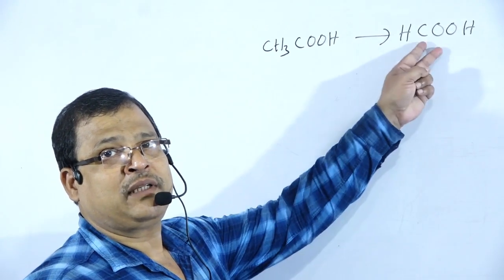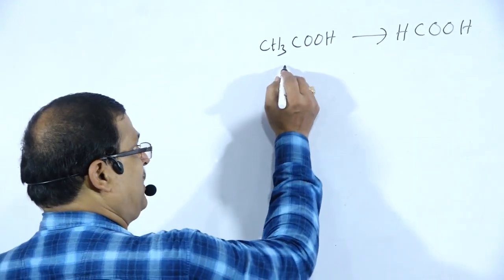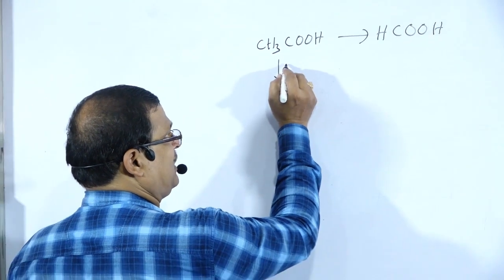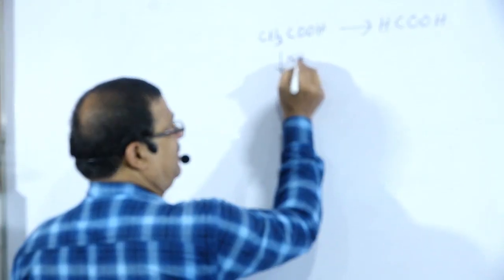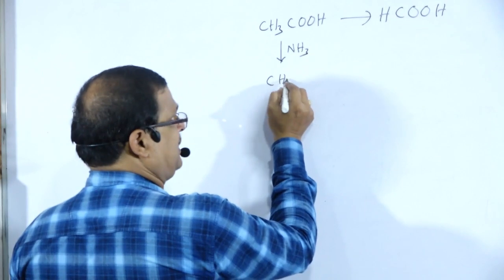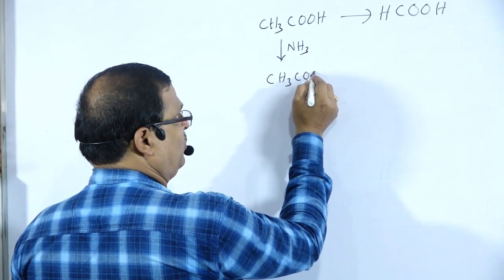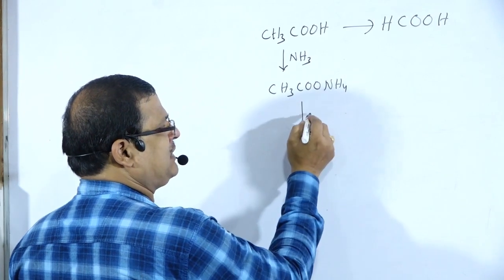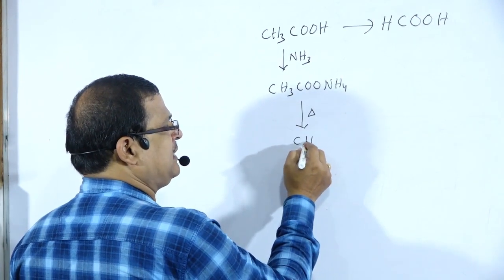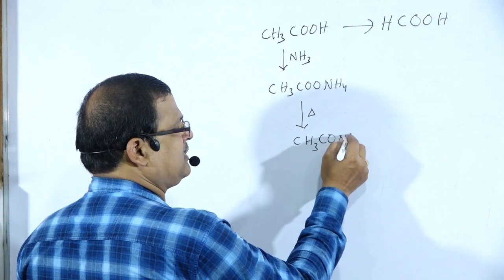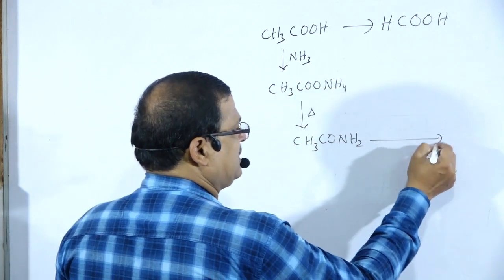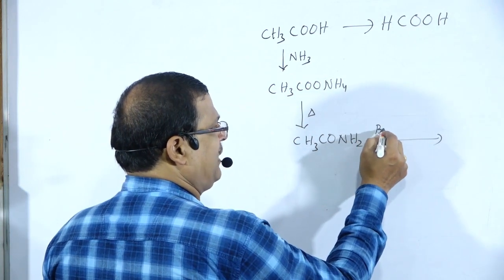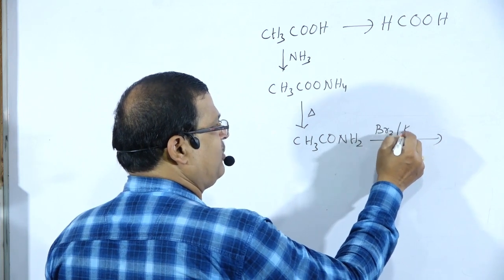This compound is treated with ammonia to form CH3COONH4. This ammonium acetate is heated to form acetamide CH3CONH2. That is followed by a specific reaction, Hofmann's bromamide reaction, with Br2 and KOH.